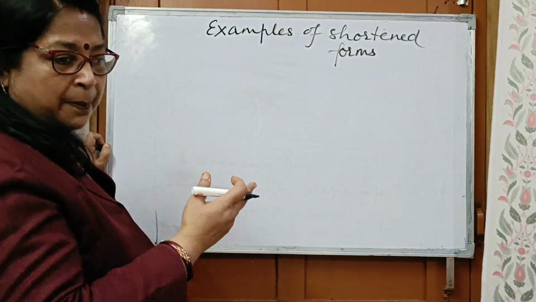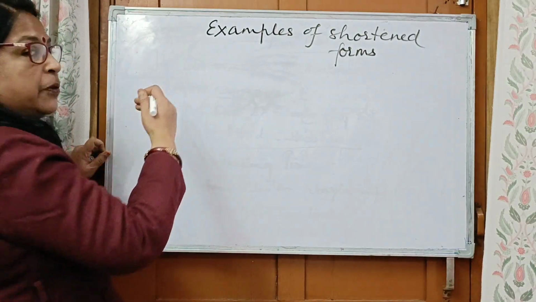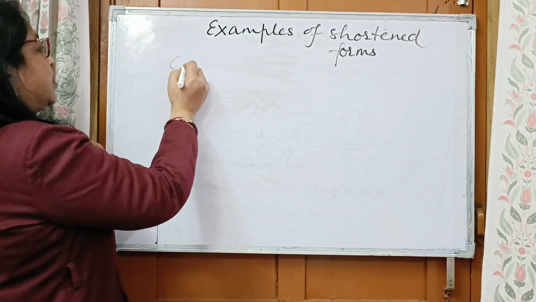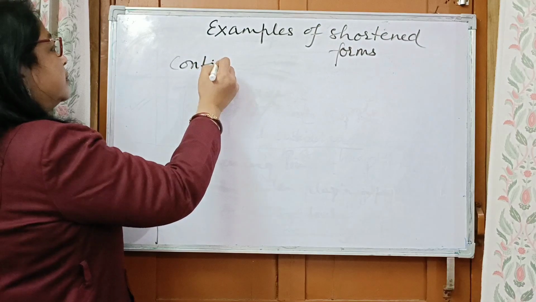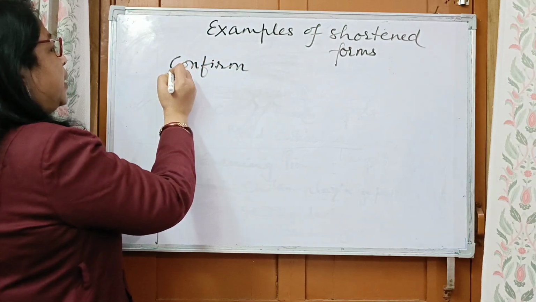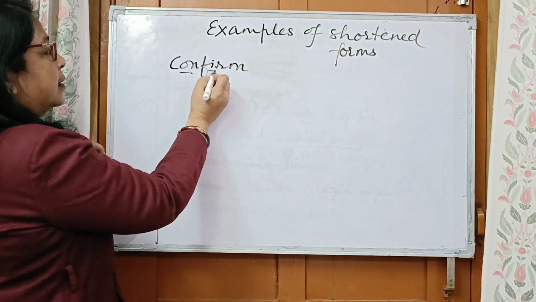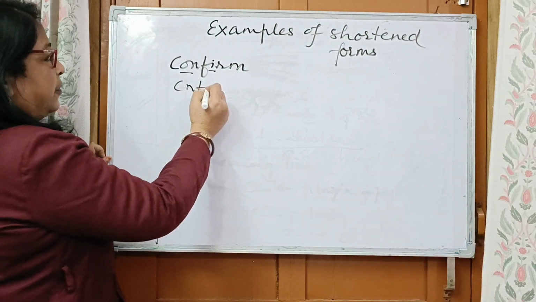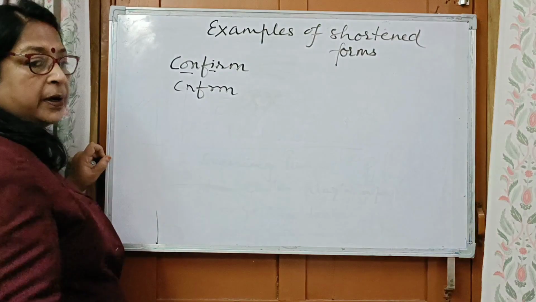So some examples, you can drop the vowels, like suppose you have to write the word confirm. If you drop the vowels, you can make a short form like CNFRM, confirm.